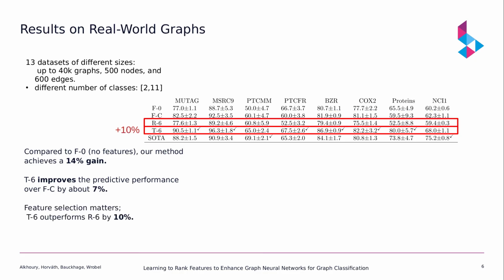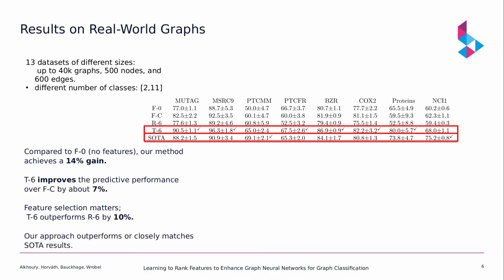And the feature selection truly matters, because our top 6 features outperform a random 6 features sampled from the whole feature set by around 10%. And overall, our approach either outperforms or closely matches state-of-the-art results across different benchmarks.